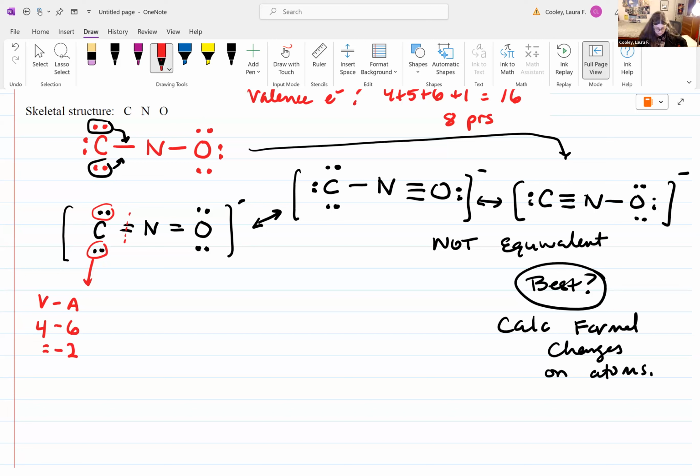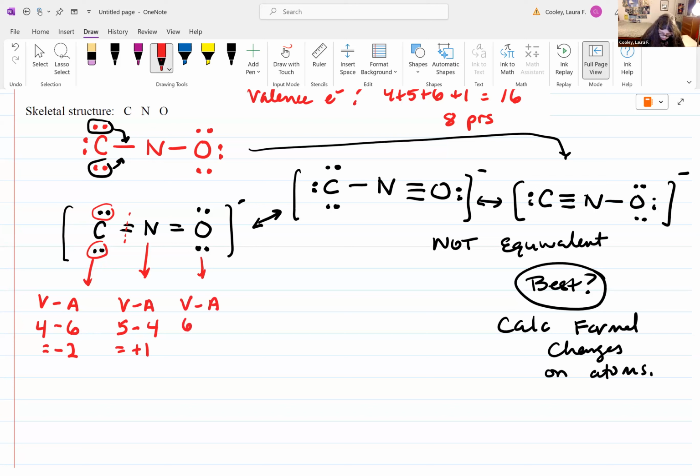Okay. What about this one? Valence minus actual. What is the valence for nitrogen? 5. What's the actual? 4. So that's +1. And here on oxygen, the valence is 6.